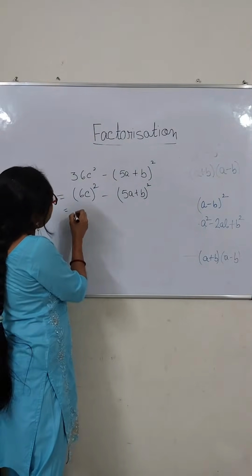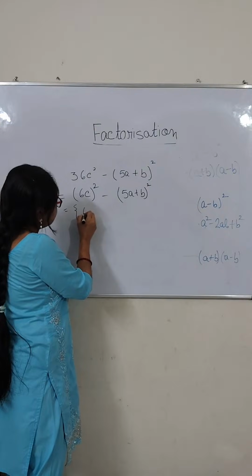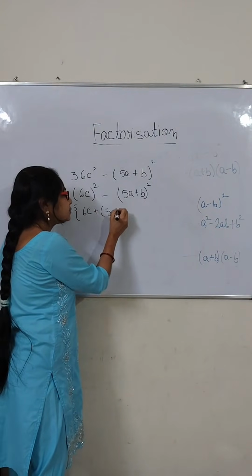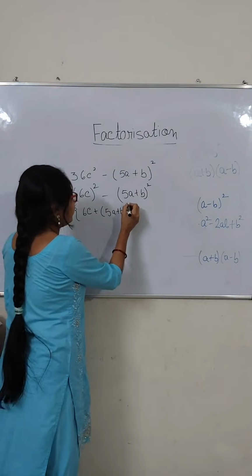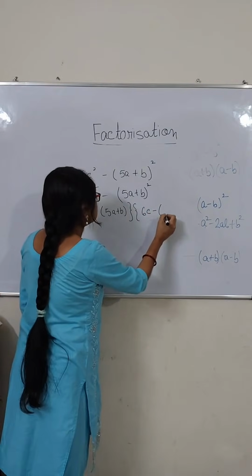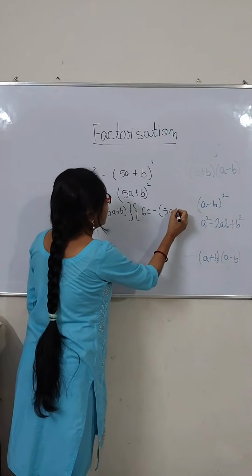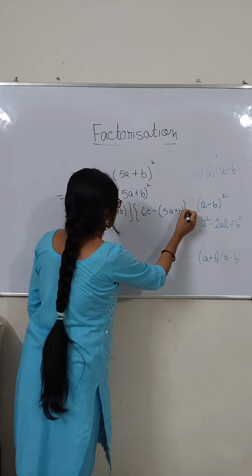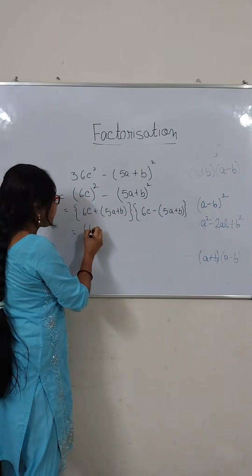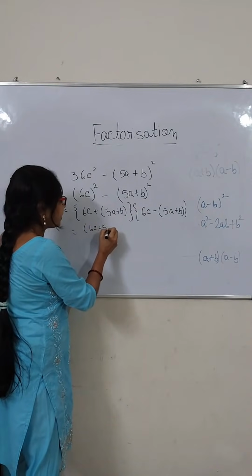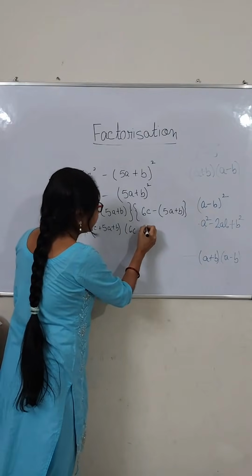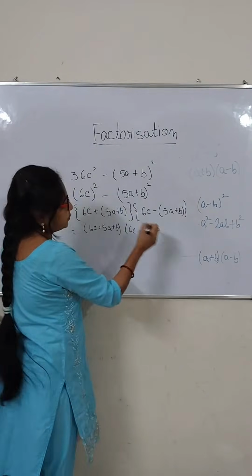So I can write 6a plus 5a plus b, bracket close, and 6a minus 5a plus b, bracket close. Now remove the bracket: 6a plus 5a plus b and 6a minus 5a minus b.